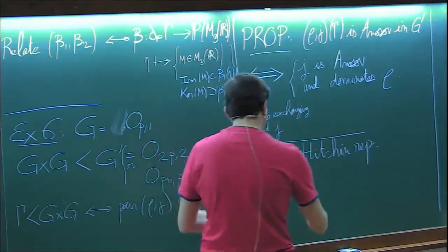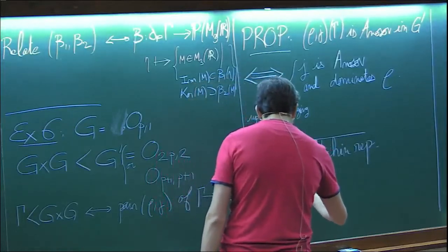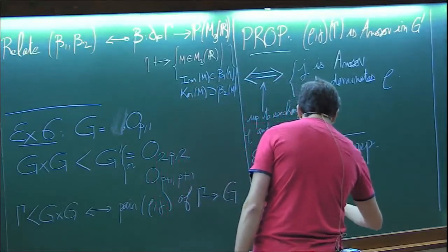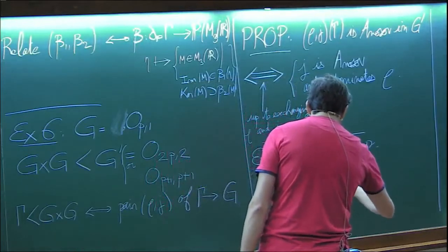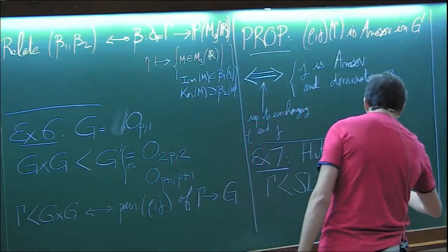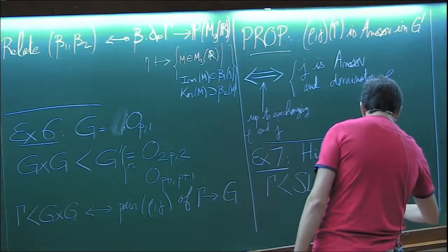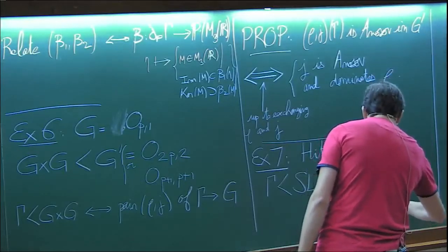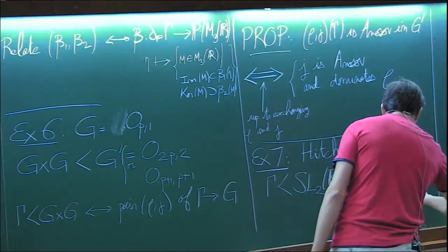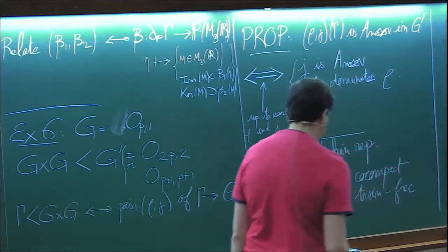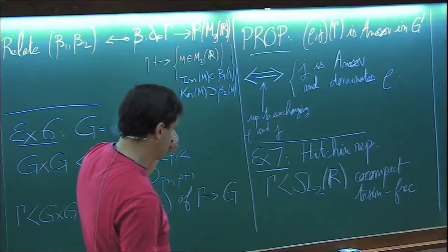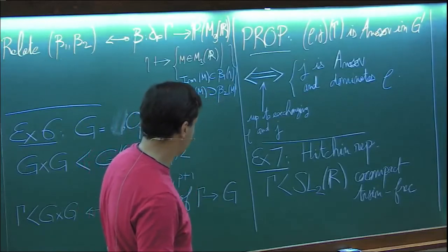Okay, so I start with a gamma, a co-compact lattice in SL2(R). Maybe I add that gamma is torsion-free, but it's not entirely necessary.